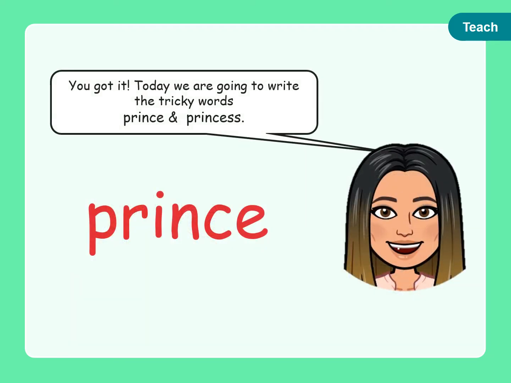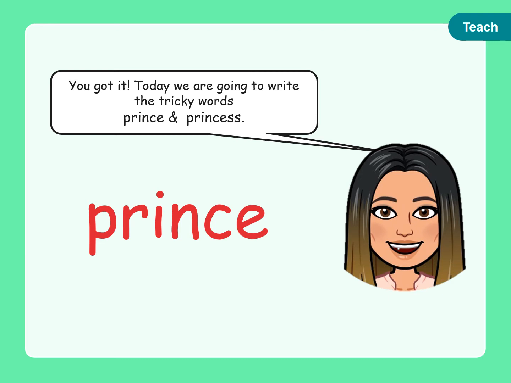Okay, children, so first we are going to identify the sounds that we know. P, r, i, n, k, e, prinke. Is prinke a word we know? No, it's not. Okay then, so let's look at the tricky part. What do we know about the letter C?